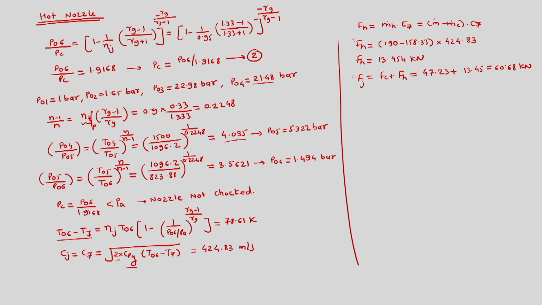and gives us total thrust as 60.68 kilonewton. We are told that the fuel air ratio is 0.0205, but we know m dot f is equal to, we can find out, m dot h, the mass flow rate of air, into fuel air ratio divided by burner efficiency, and it turns out to be 0.655 kg per second.